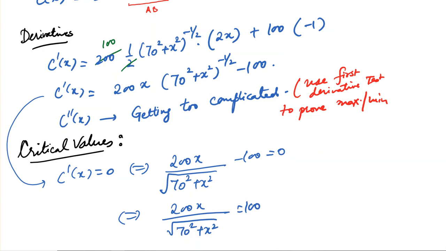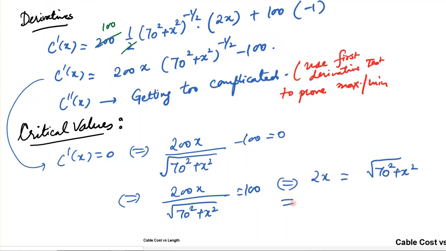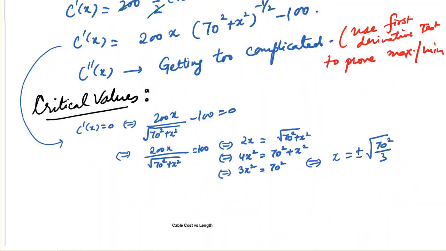In turn, 100 and 200 cancel, so we get 2x equals the square root of 70 squared plus x squared. Now we can square both sides, so 4x squared is equal to 70 squared plus x squared. So 4x squared minus x squared is 3x squared, equal to 70 squared, or x equals plus or minus the square root of 70 squared over 3.